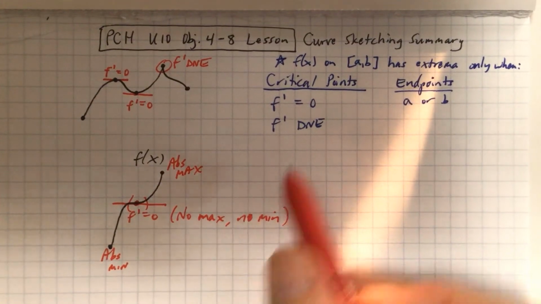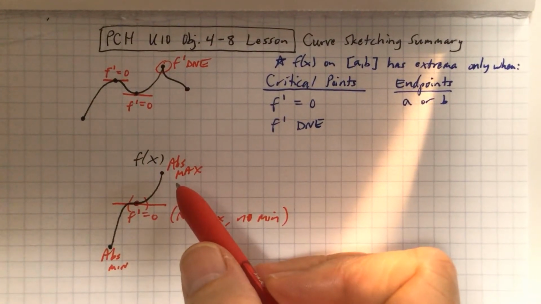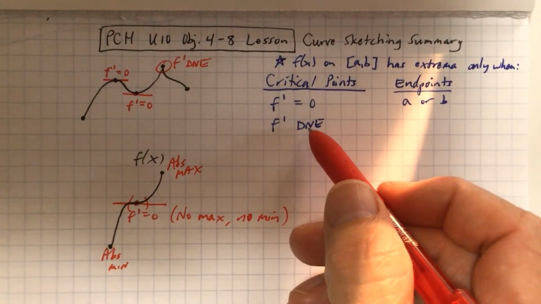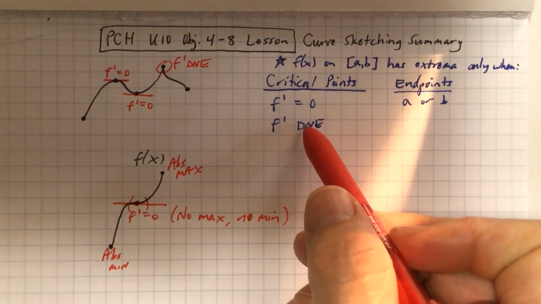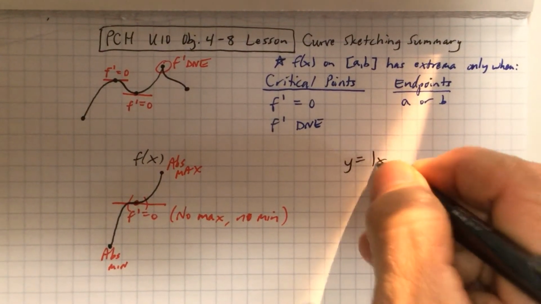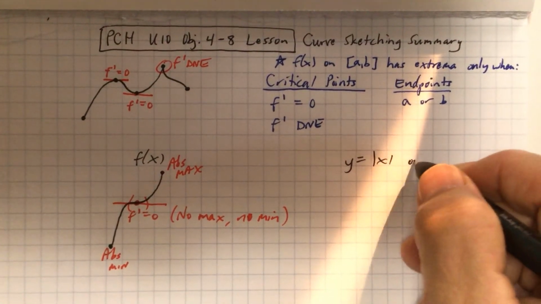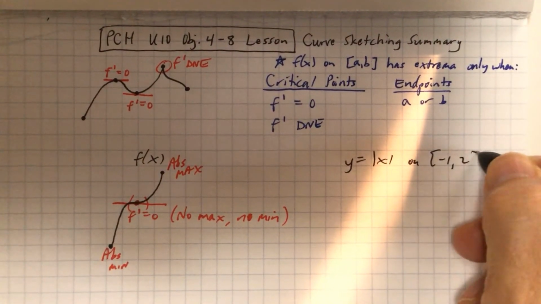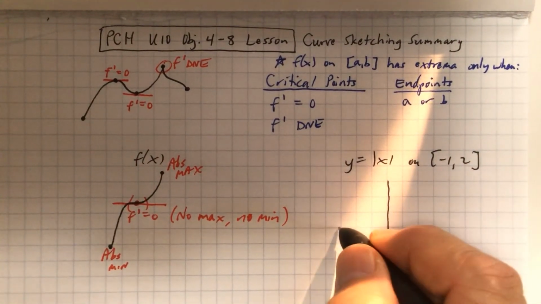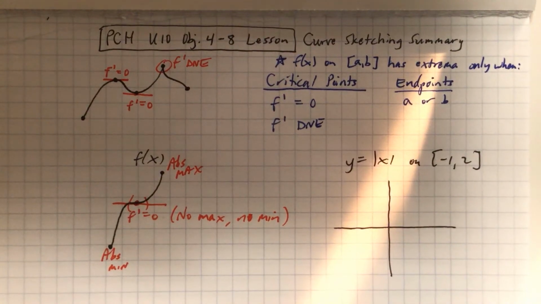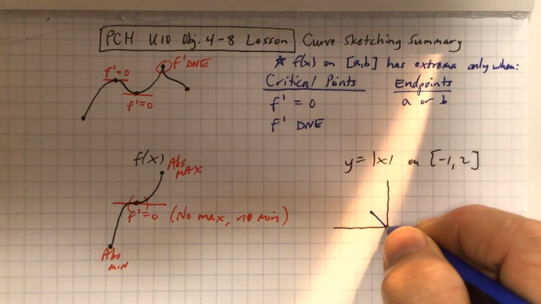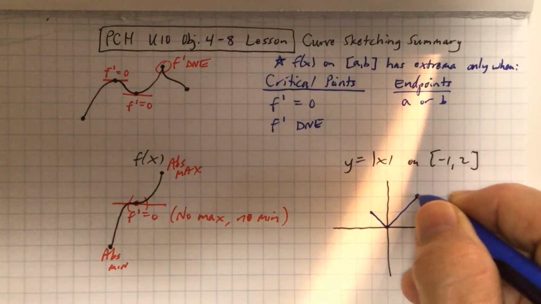And sometimes there's nowhere in the closed interval in which the derivative doesn't exist. So sometimes you can find where a derivative doesn't exist, sometimes you can't. Take, for example, y equals absolute value of x on the interval, let's say from -1 to 2. We can draw the graph, we know what it looks like, but if you did it algebraically, you would find the derivative doesn't exist at x equals 0.